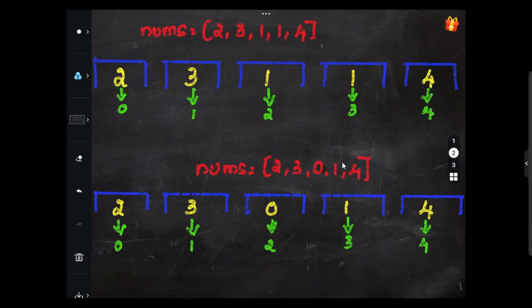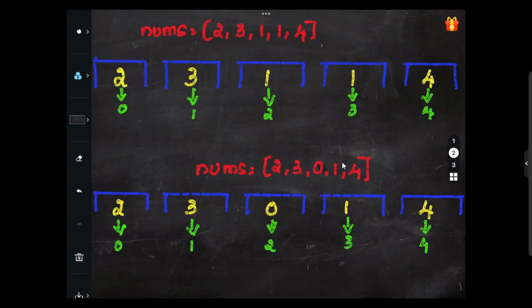In Jump Game 2, they have already given that at any cost we will be jumping from the starting index to the last index. But we have to determine the minimum jumps required to jump from the 0th index, as it is 0-indexed, to the last index. That's what they have asked in Jump Game 2.